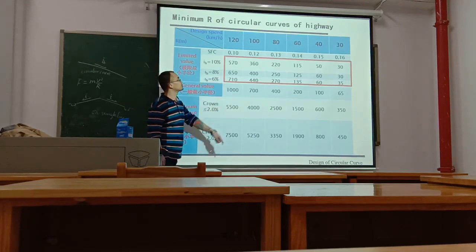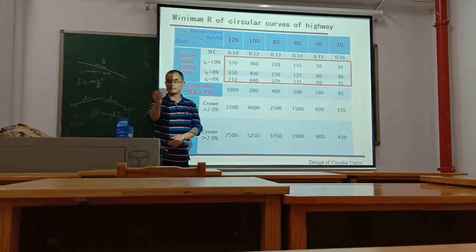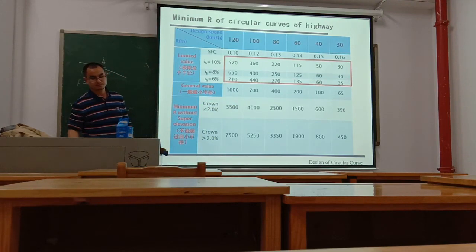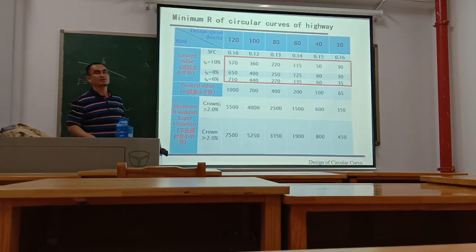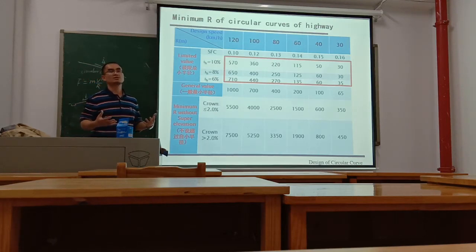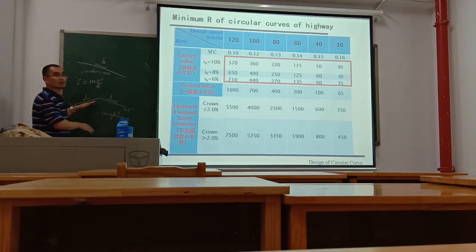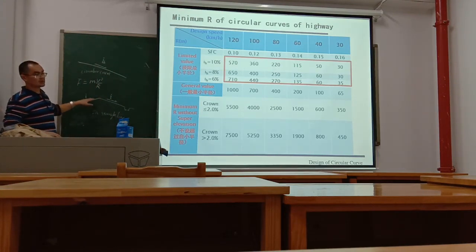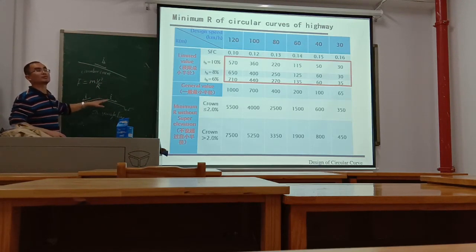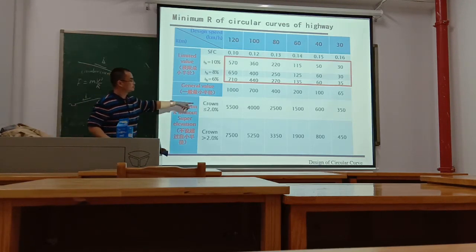Crown is cross slope. Crown is cross slope with I.